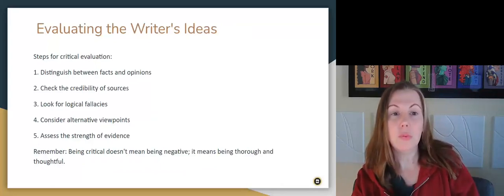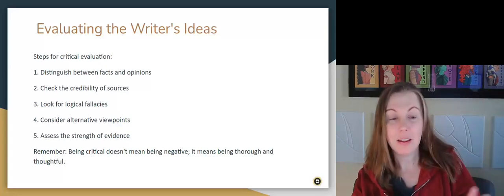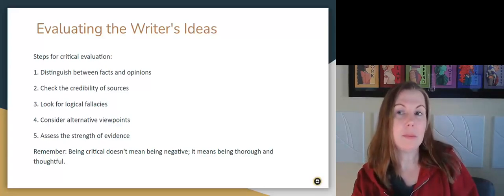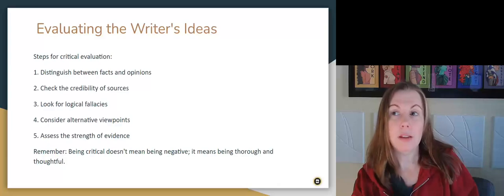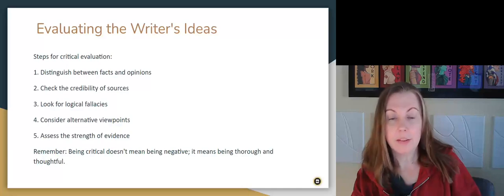evaluating the writer's idea. So one key is to, as you're reading, say, is this a fact or is this an opinion? If it's a fact, is it a fact that can be fact checked? If it's an opinion, is it somebody who is an authority on the topic? Or is it just some random Joe Schmo writing about it, trying to rile everybody up? Look for logical fallacies.